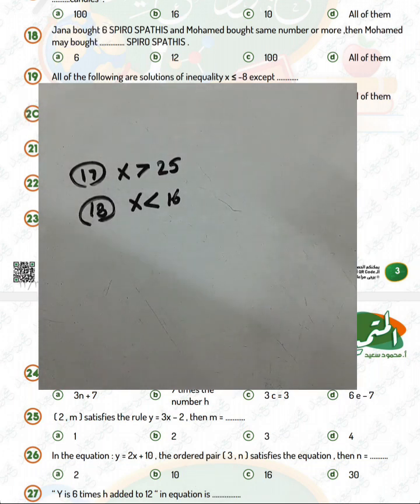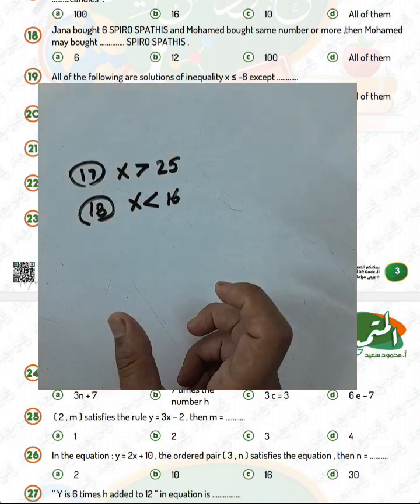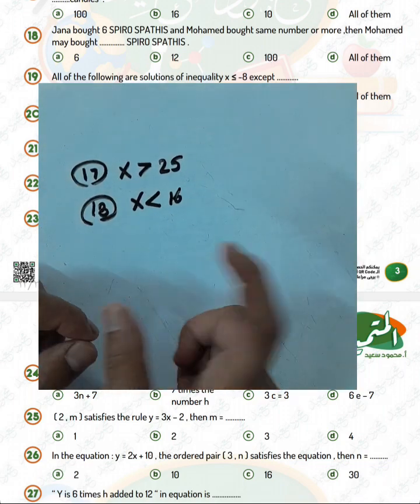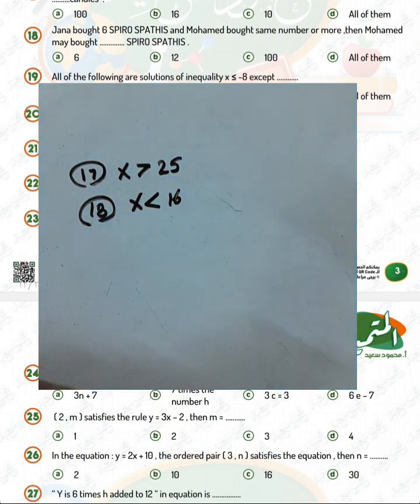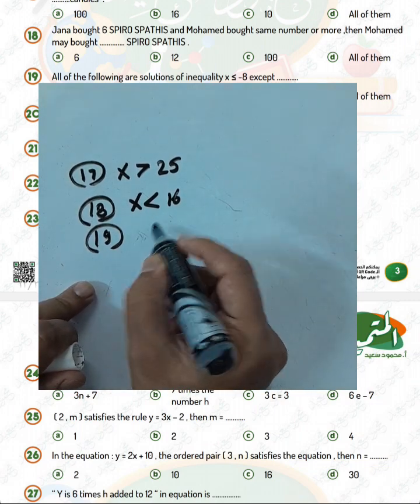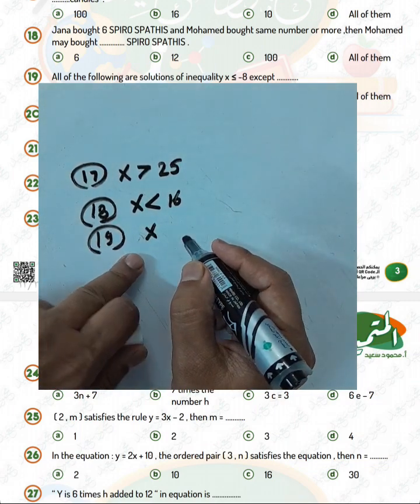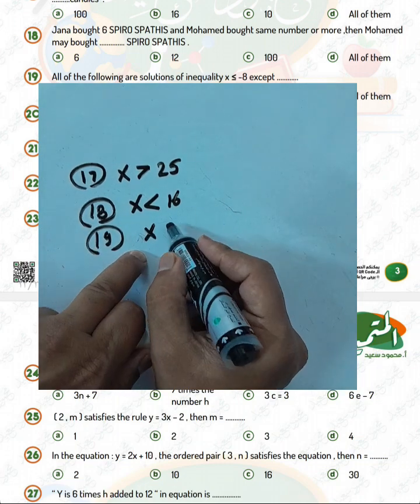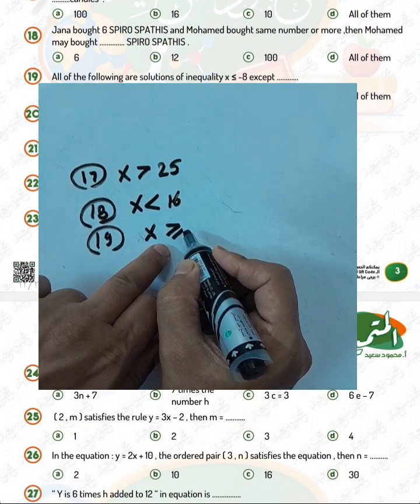Jana put 6 sparrows and Muhammad put the same number or more than Jana. We must choose 6 or 12 or 100 because Jana put 6 sparrows and Muhammad put the same number or more. I will write this inequality, converting this information to an inequality. I put x referring to how many Muhammad put, which will be equal to or more than.